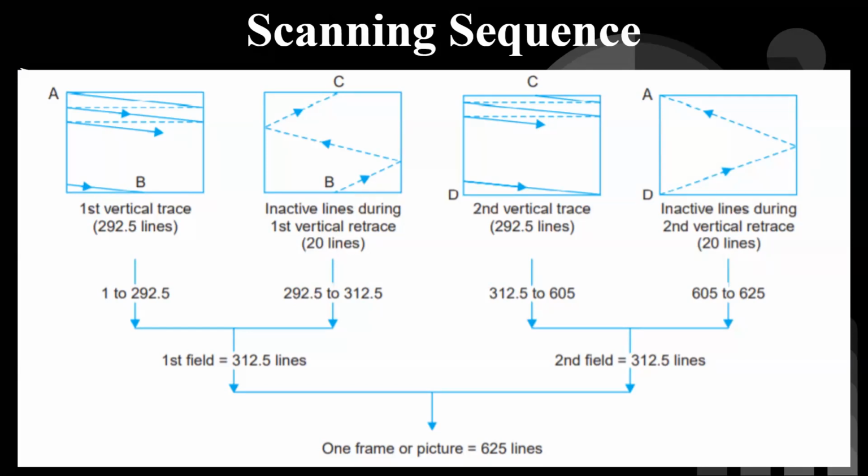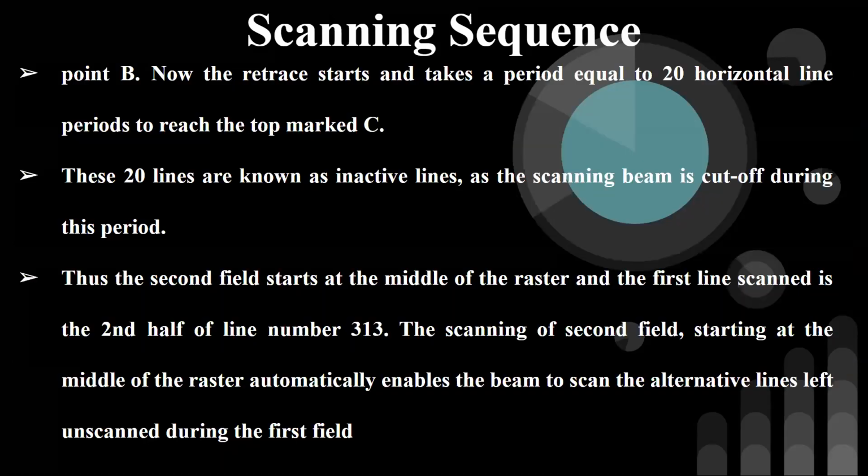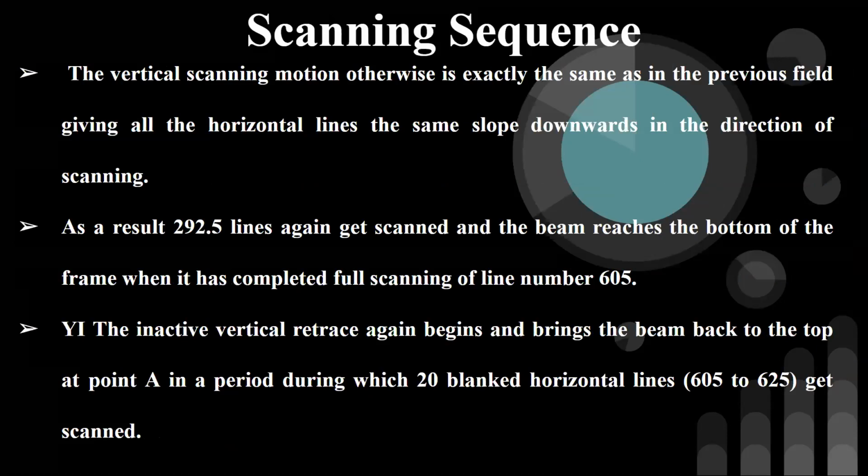So for the second field, similarly 312.5, so 605 lines are related and the rest of the 20 lines are allocated. So 20 lines are allocated during the next half. So that is the information shared here.